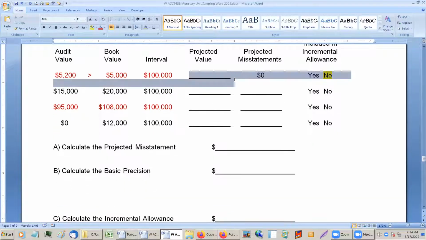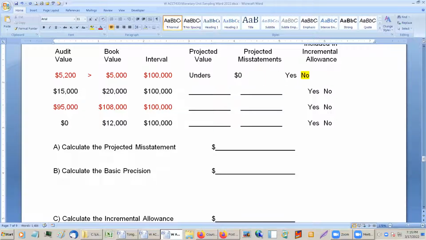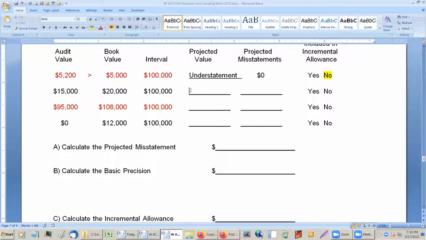So this is an understatement, and this method is not supposed to find understatements. So when it does find an understatement, it says, oh, that's not what we're looking for. So you just ignore it, and you've got to overcome that auditor instinct to say, wait, this is a mistake, but actually it's not in this method.